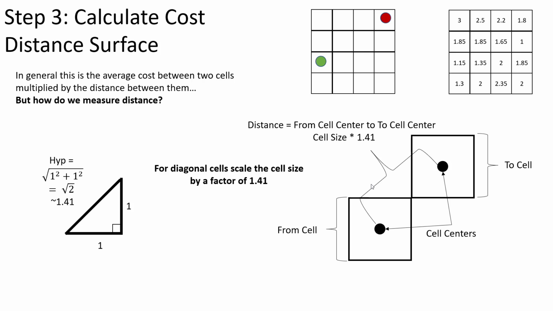Instead, we have to think about what this distance would actually be. We can think of this in terms of a right triangle, where we have the cell center of one over 90 degrees to the cell center of the other. The distance would be this hypotenuse here.